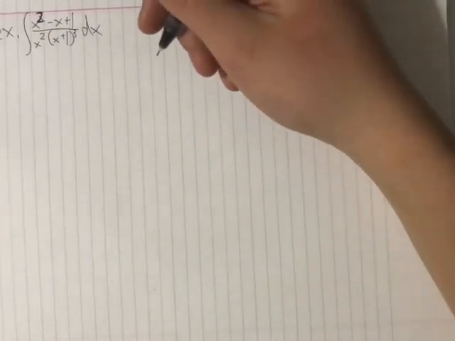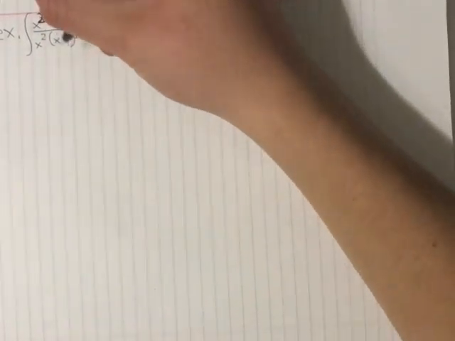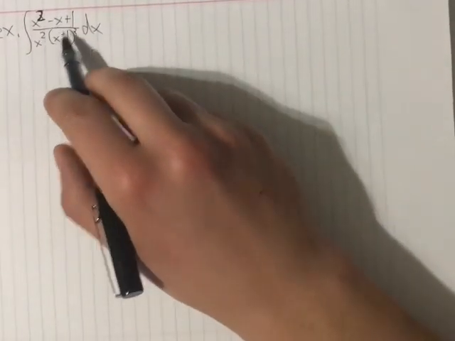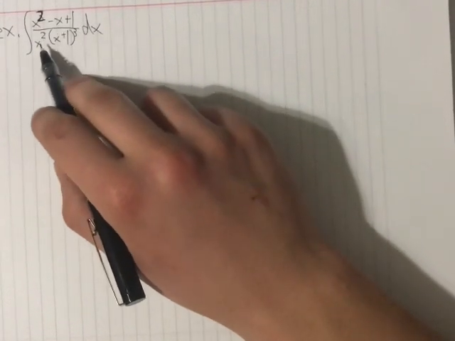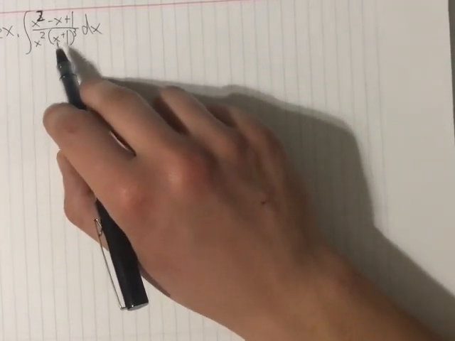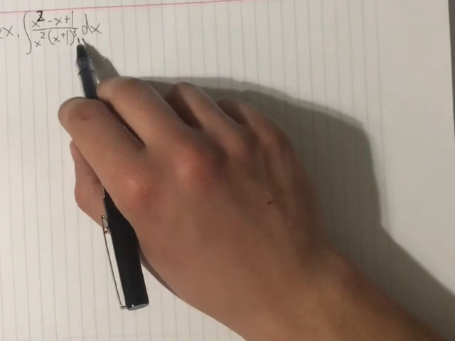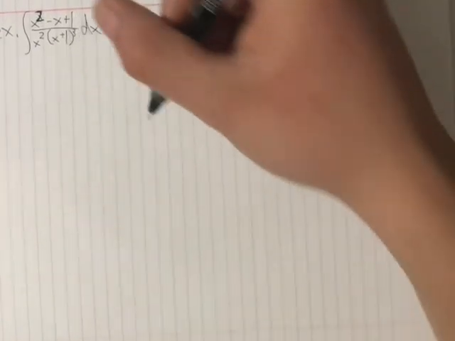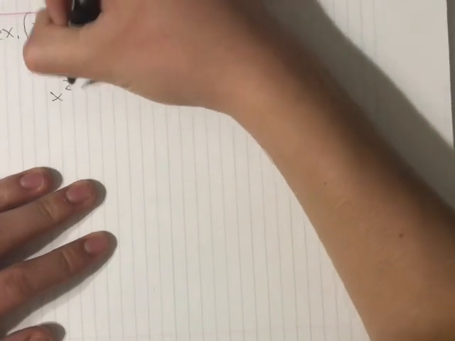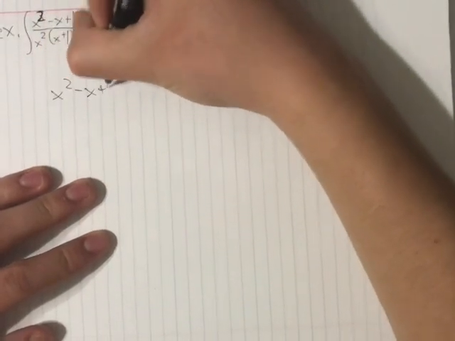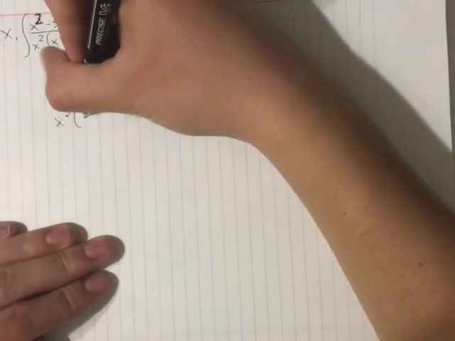So, say, for example here, we have x squared minus x plus 1 over x squared times x plus 1 cubed. So what we're going to have to do is set up our equation in the format that was shown in the last example.